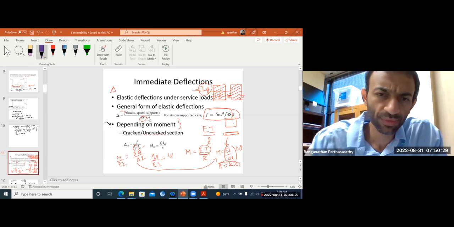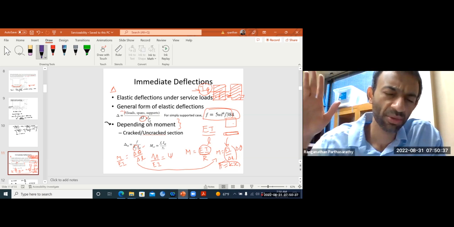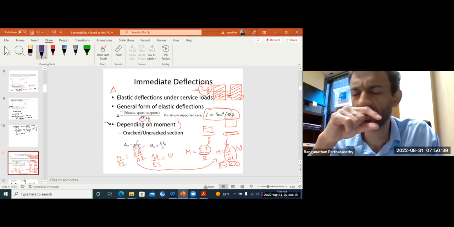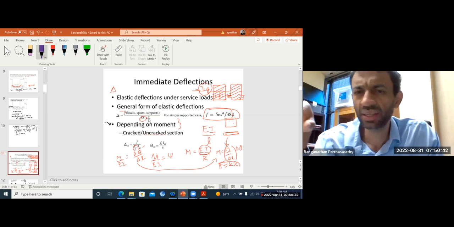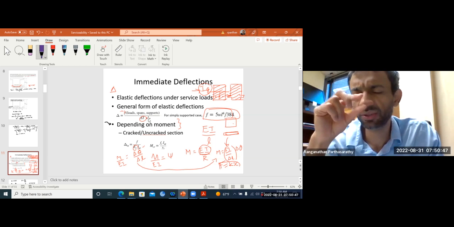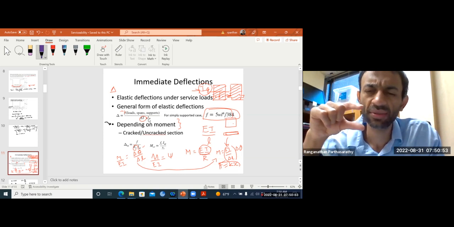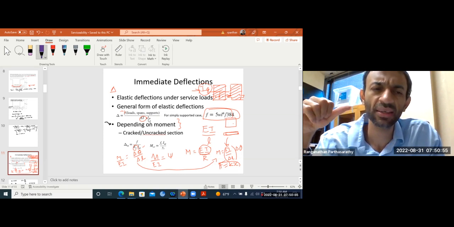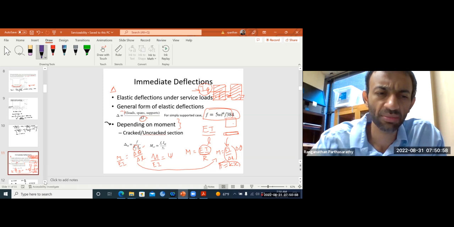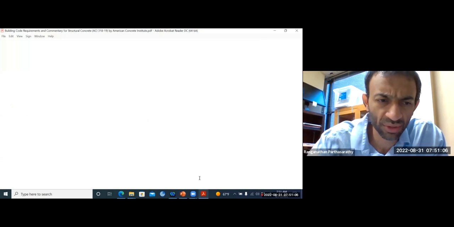Now the moment of inertia is not a constant, because as we said, your beam has a number of hairline cracks all along the length. So what you actually take should be a kind of average, because along the length of the beam, part of the tension face is uncracked and parts of it are cracked. So it should be some kind of averaging between the two. So how do we do this averaging? We said it is as per the code, and we looked at chapter 24.